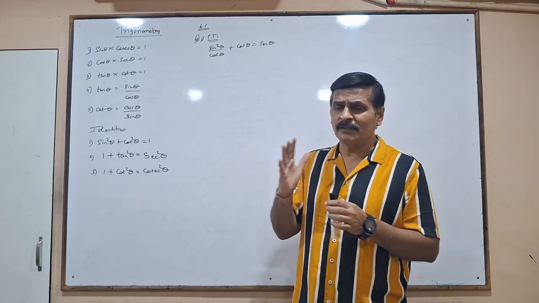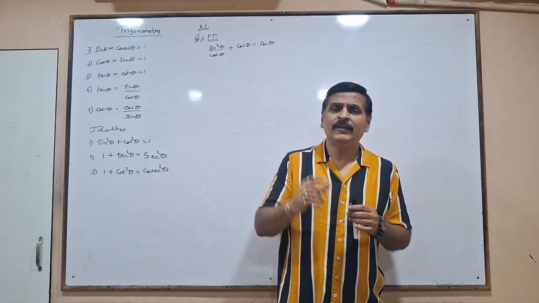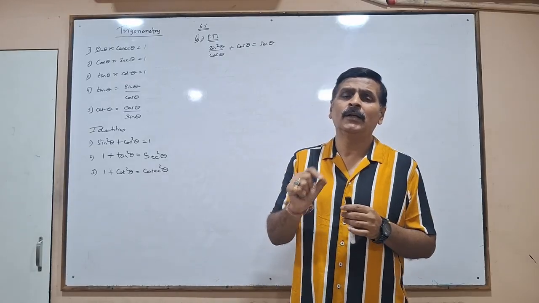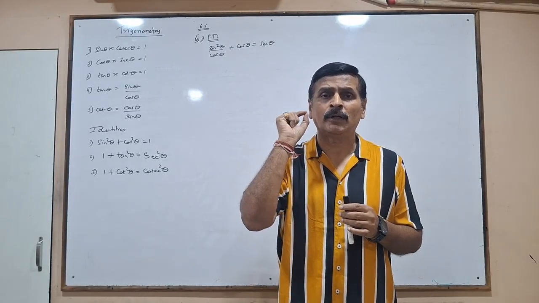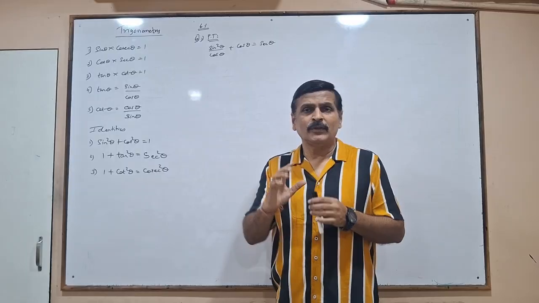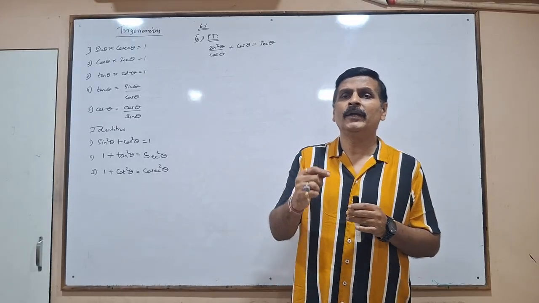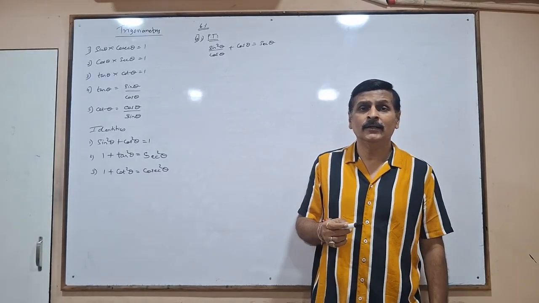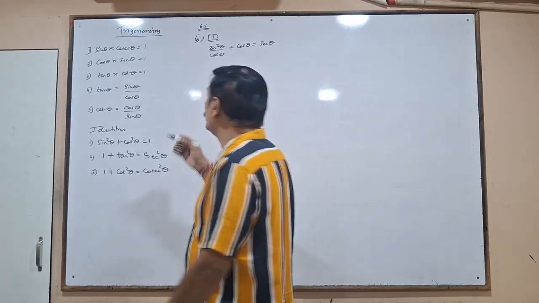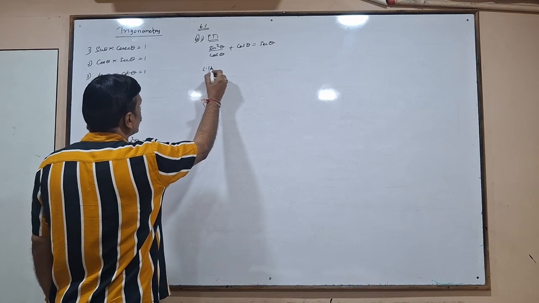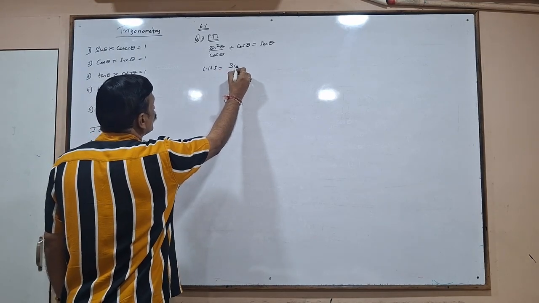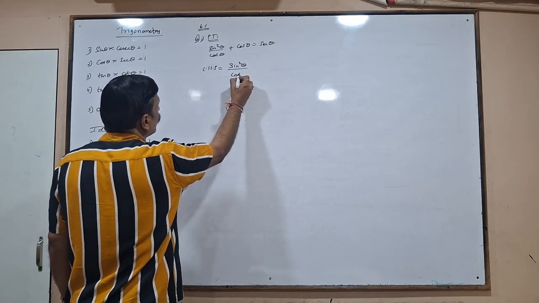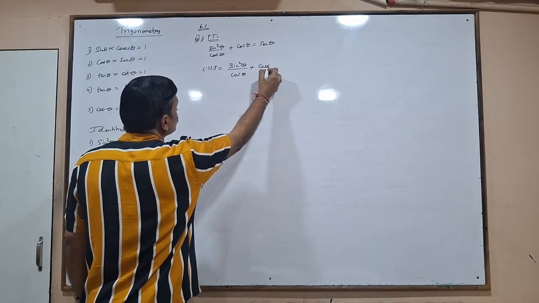There are few questions other than these two where we apply a particular method related to that problem, because with any other method you may find it difficult to simplify and you may not get the answer. So now in this particular problem, LHS: sine square upon cos theta plus cos theta.